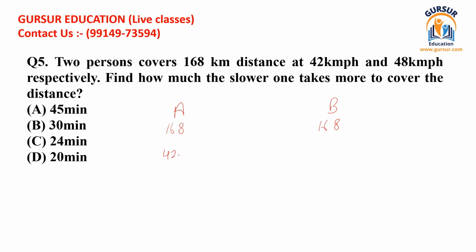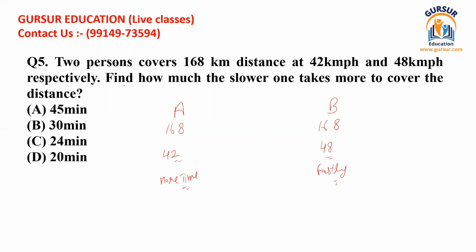Like the speed of A is 42 kilometers per hour, and the speed of B is 48 kilometers per hour. That obviously means that B shall cover the distance faster, because he is having the speed faster than A. It ultimately means that A shall be taking more time than B.